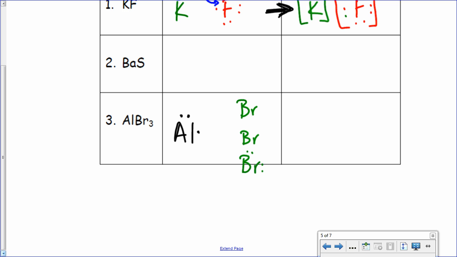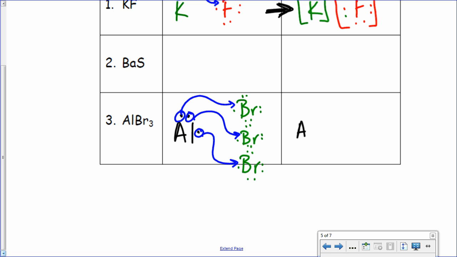Each one has 7 valence electrons. And we're going to show the aluminum, the metal, losing 1 electron to each one of those bromines. Because as you can see here, now that makes a full octet around bromine. And this makes aluminum have a full octet underneath.